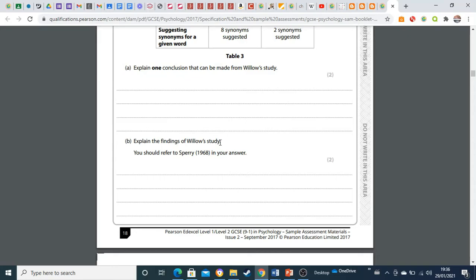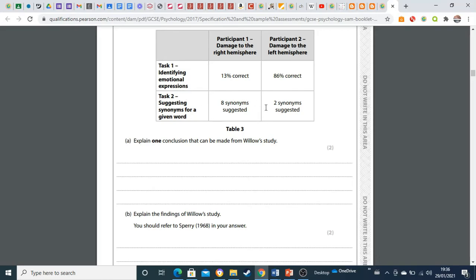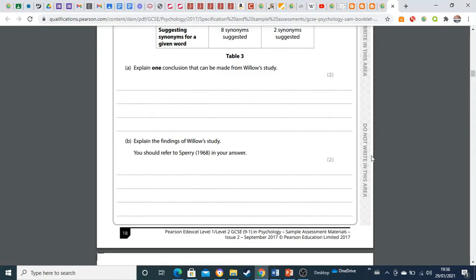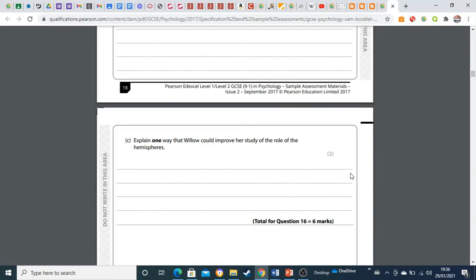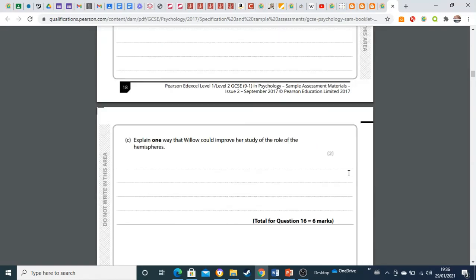And similarly, the participants with damage to the left hemisphere could only suggest 2 synonyms, which means that they also have damaged abilities with language, possibly, if you want to call it that. Their ability to use language is impaired.